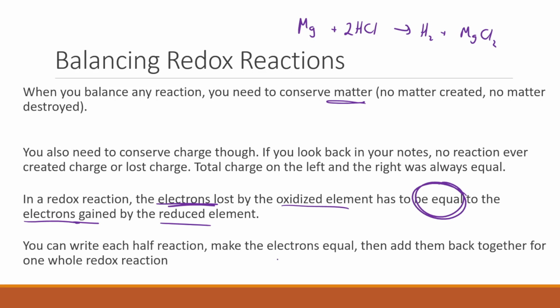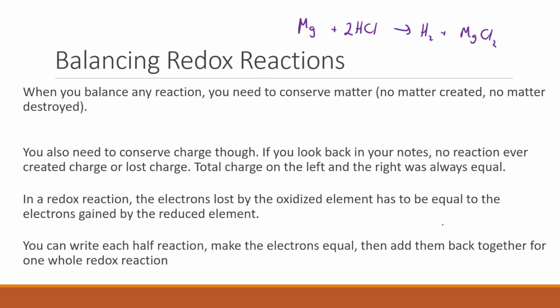And just like I did about a minute ago, where I took apart and wrote the half reaction for the oxidation and the half reaction for the reduction, and we saw 6 electrons gained and 6 electrons lost, that same concept is going to apply here. It's the exact same thing.